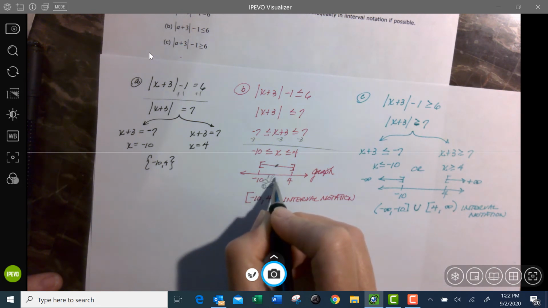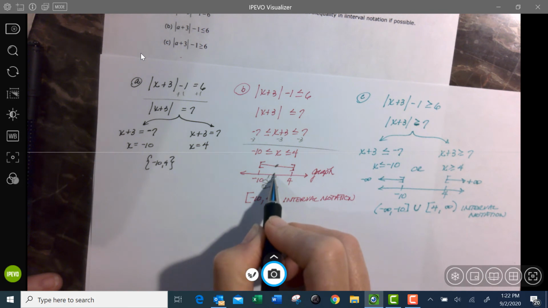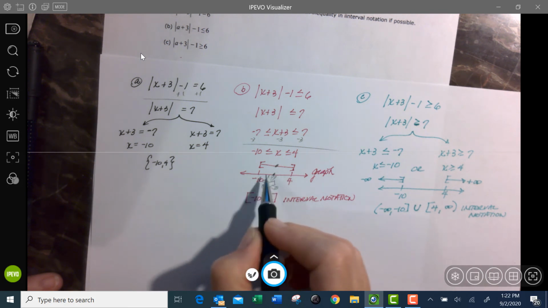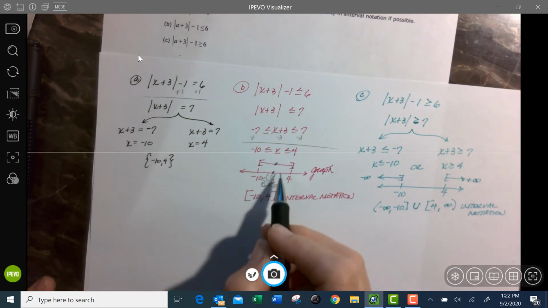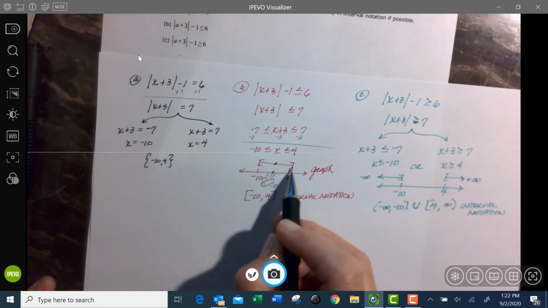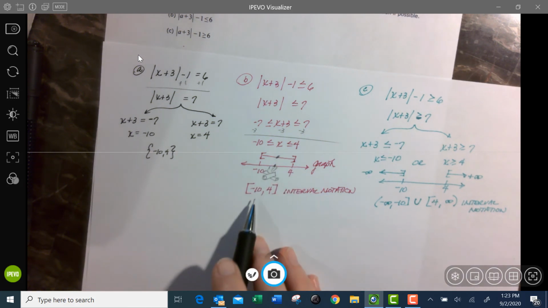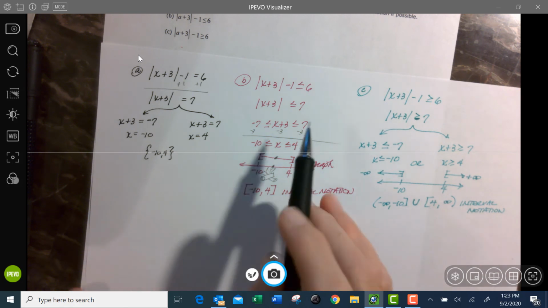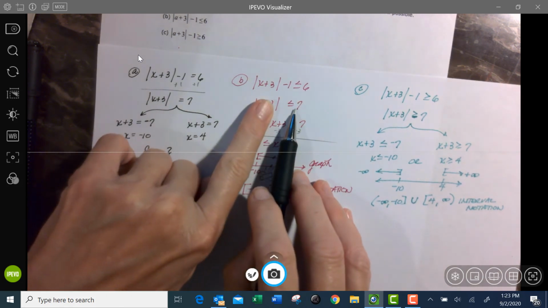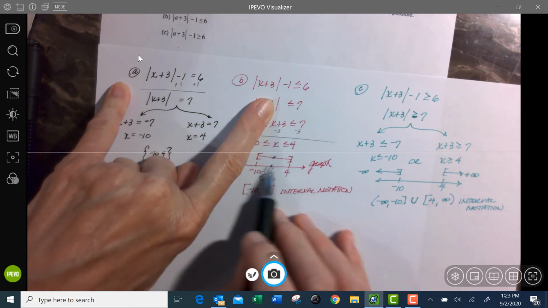If I have a campfire right in the middle of this interval, then I want to be close to the campfire. Between this, I'm closed in to this small region. Everybody wants to be close to the warm campfire to stay warm. So we're close together, and so we have one interval. Everybody needs to be less than or equal to 7 feet from the campfire, within 7 feet on each side.